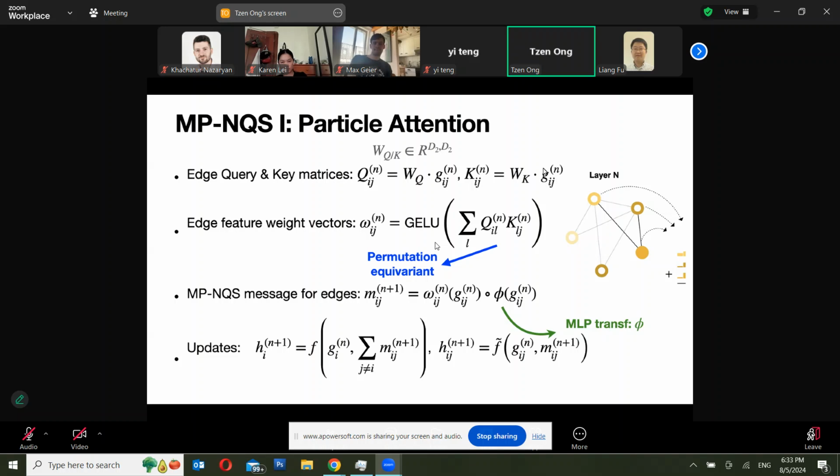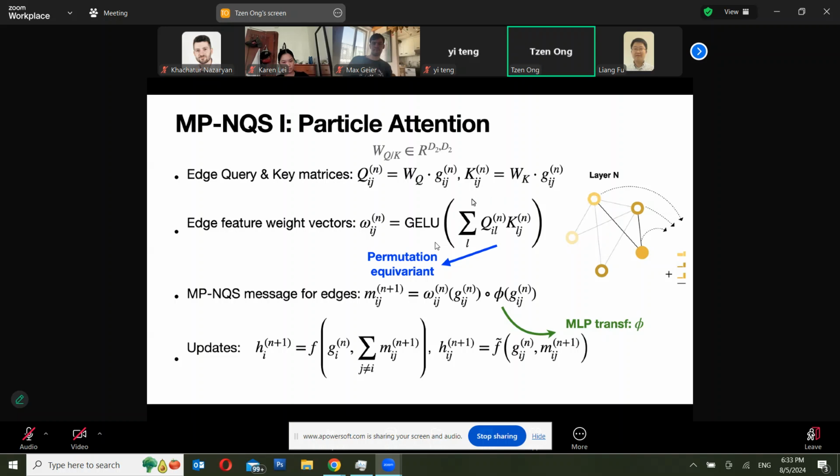Let's say GIJ is this edge here, 1 to 2, and it has a bunch of different features. What you do is you take WK, which is a matrix, to transform all these features into some optimal, maybe like a PCA or more orthogonal set of vectors to describe the interaction between 1 and 2.